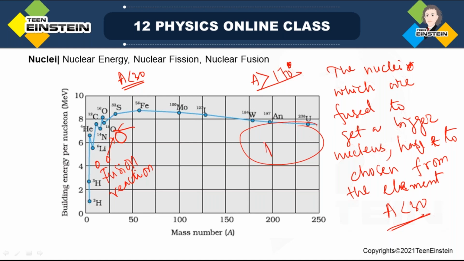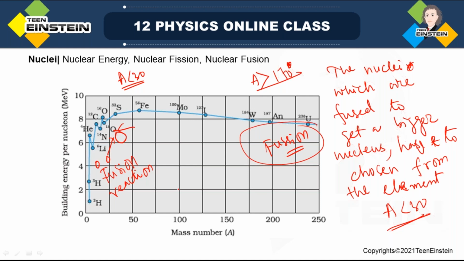So fission happens in the higher region, and fusion happens in the lower binding energy per nucleon region, or lower mass number than 30.